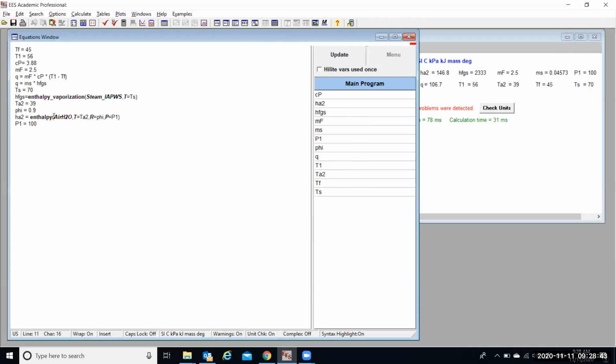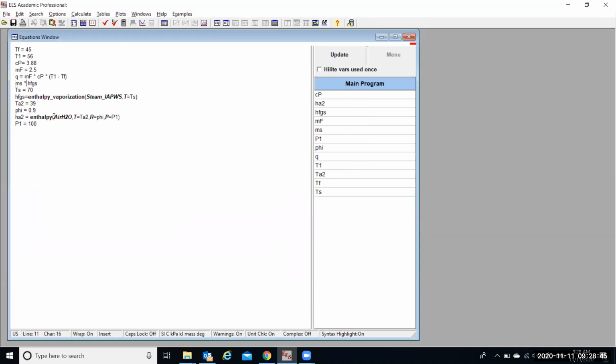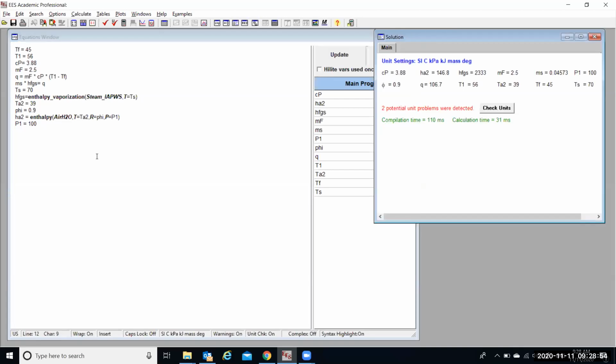For example, I can come to this equation and say that M_S times HFG_S is equal to Q. Whether you write this on the left or right does not make a difference. This is a very good feature of flexibility in this program. In some other programs, you have to write the unknown alone at the left-hand side and the rest at the right-hand side. We don't do that.